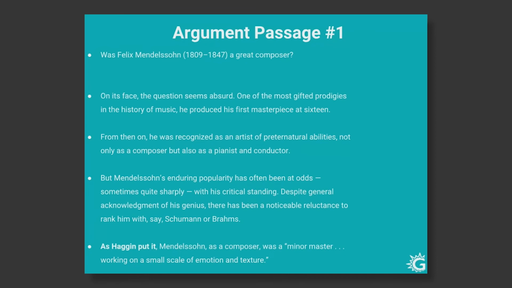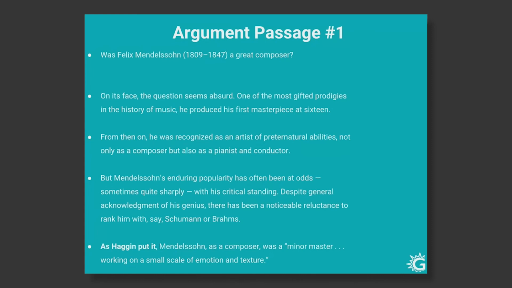Now, what do you think as Hagen put it means? The key here is that we actually have the author's opinion being snuck in right there, right? It's not just saying Hagen said. It says as Hagen put it. So when you say, as my friend mentioned earlier, you're agreeing with what the friend says, right?